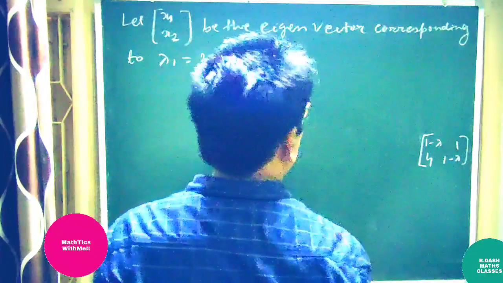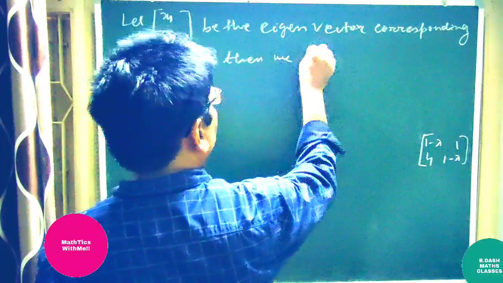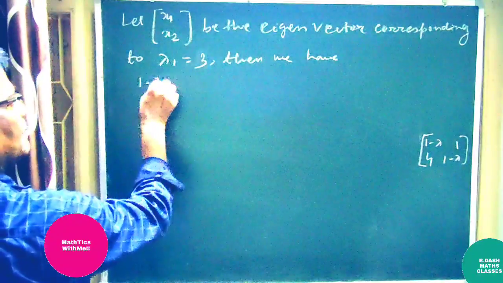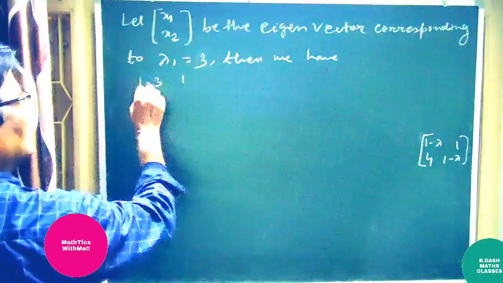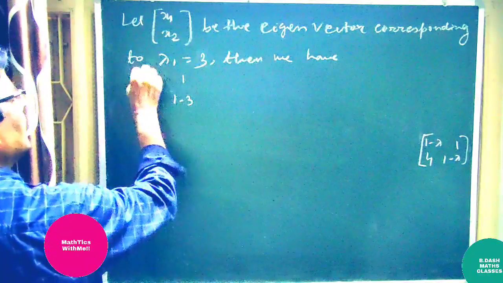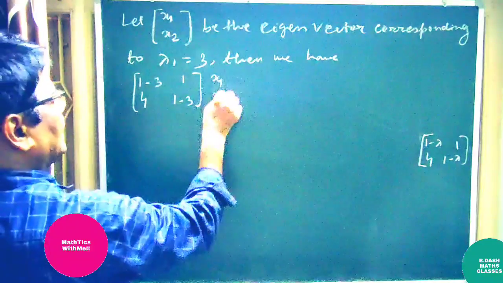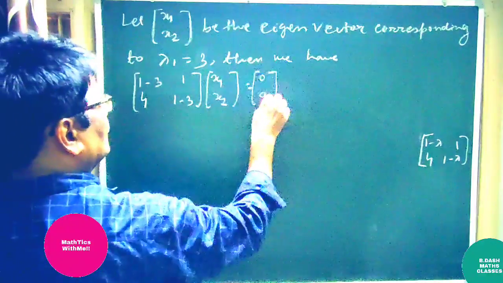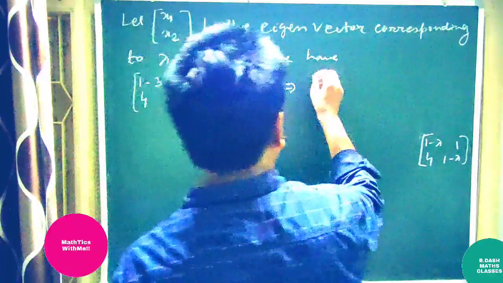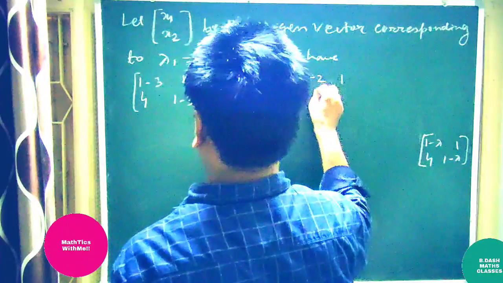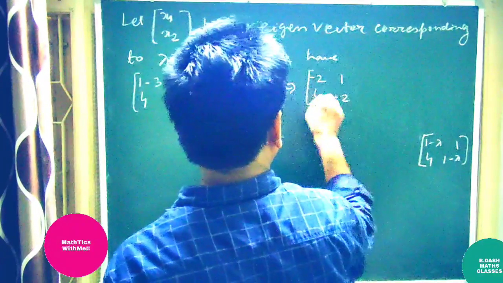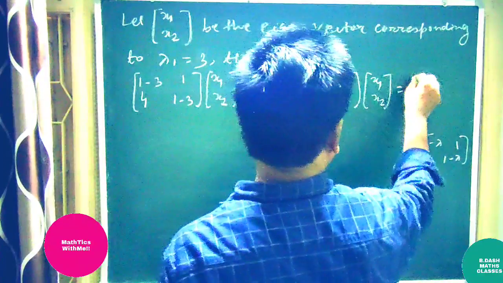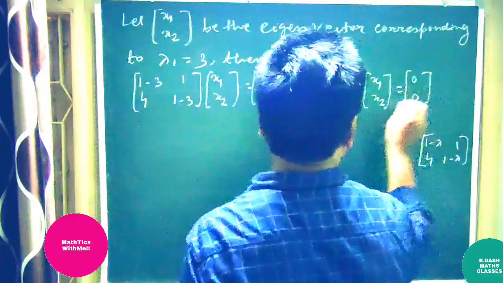So then we have [1 minus 3, 1; 4, 1 minus 3] times [x1, x2] is equal to [0, 0]. This implies [minus 2, 1; 4, minus 2] multiplied with [x1, x2] is equal to [0, 0].